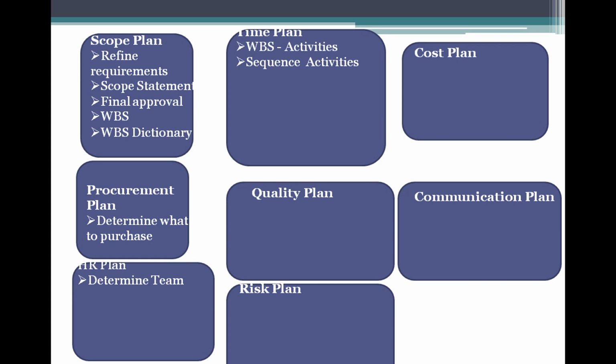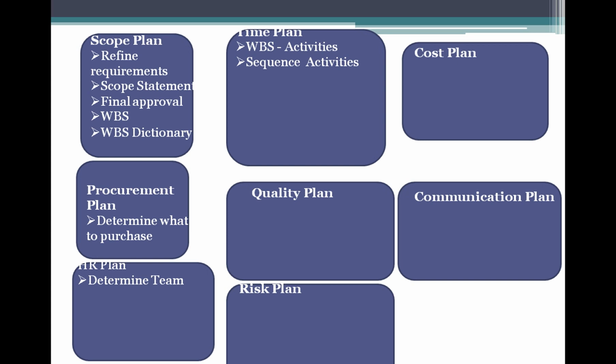So based on that, he sequenced the activities and prepared the network diagram using the precedence diagramming method. We have various methods to define the network diagram, and he used this precedence diagramming method.